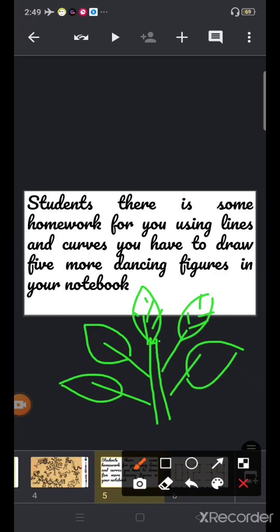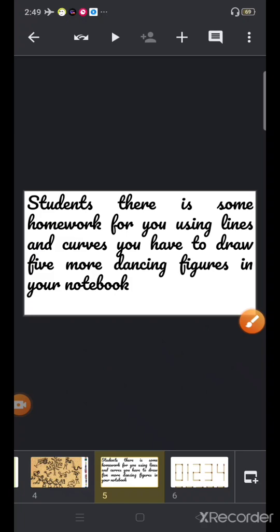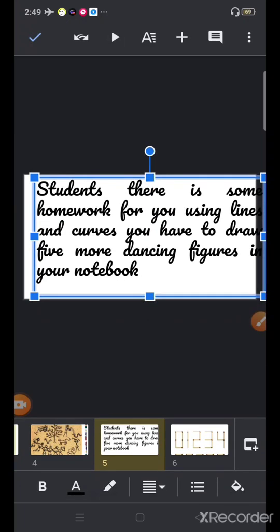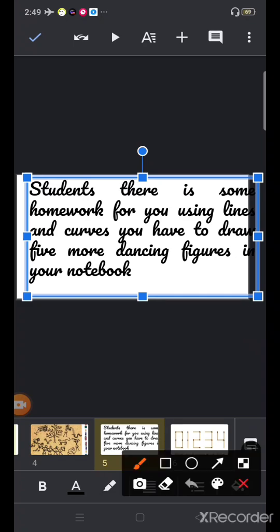Okay? So by using these curve lines, standing lines, slanting lines, you can draw 5 more figures. Okay? One dancing figure I am showing you. If you want to draw a dancing figure, you can make one circle for the face, and then for the body you can use this sleeping line and then a slanting line.